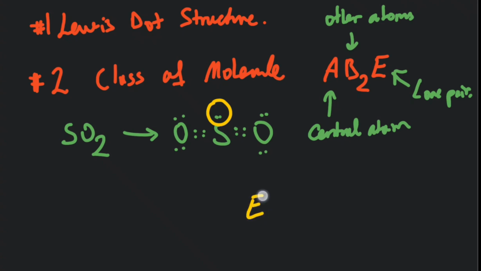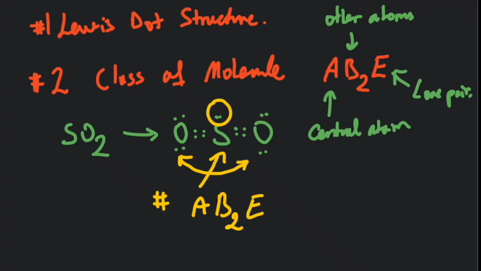We have 2B, since there are 2 oxygen atoms, and we have 1 central atom. This is the class of the molecule, and we can use it to predict the molecular geometry of the molecule.